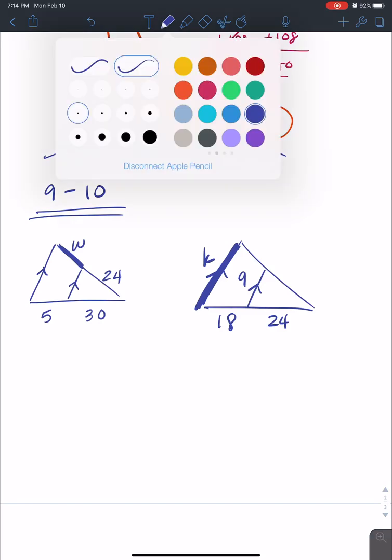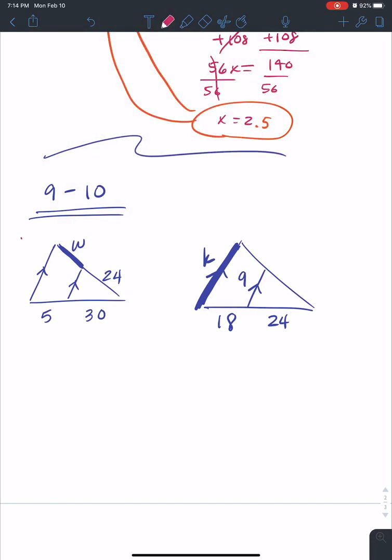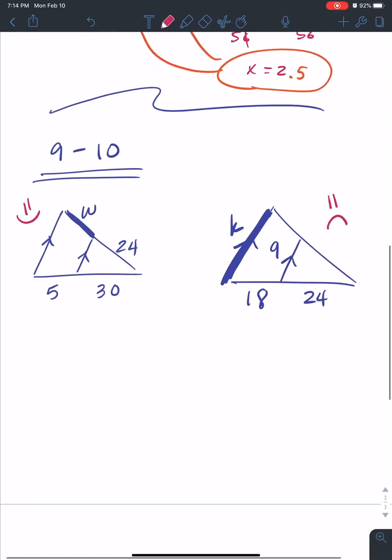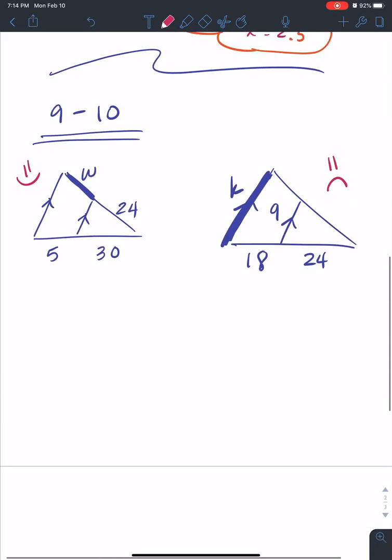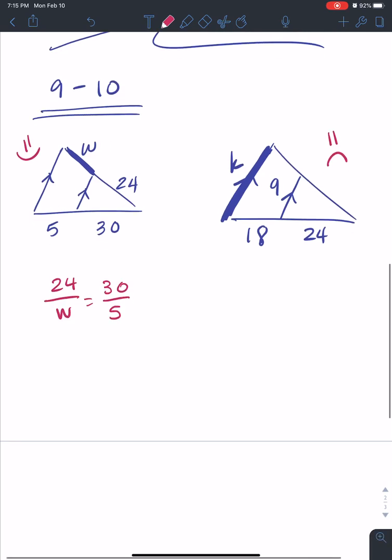So most people did super happy times on the first one, and most people, sad, not good, did not correctly set up this one. And I'll tell you why. Okay, so for the first one, it's pretty simple. All you had to do was 24 over W equals 30 over 5. There's a couple different ways you could have done that, but basically cross multiply, okay, and you get your answer.